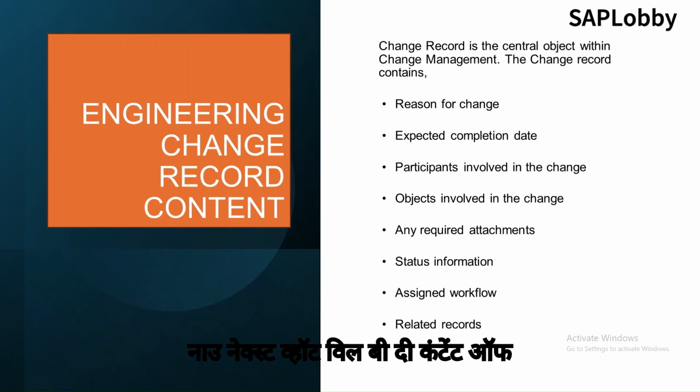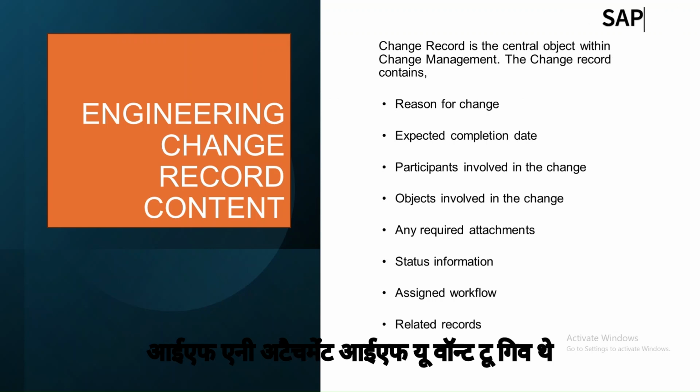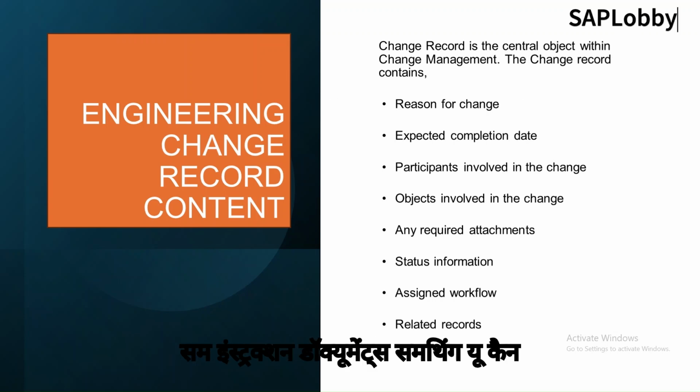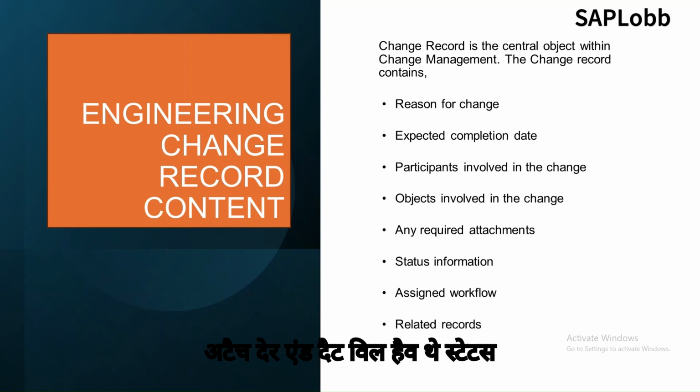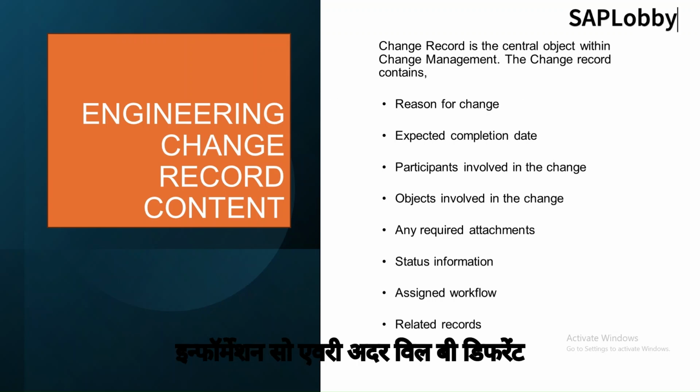Now next, what will be the content of the engineering change record? When you create an engineering change record, it will have the reason for changes, expected completion date, and the participants involved in the change, the object, which object you are going to change, and any attachments, if you want to give some instruction document, you can attach it there. It will have the status information, so there will be different statuses you can maintain in the engineering change record.